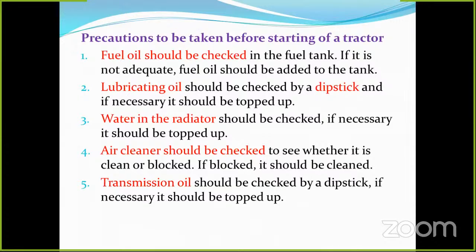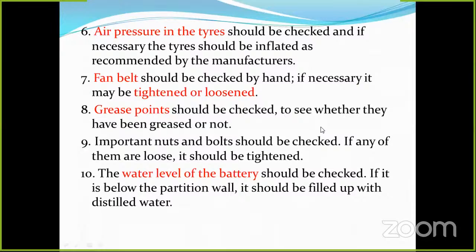Okay, next, transmission oil should be up to a certain limit, we should check. Next, air pressure in the tires. Okay, next, the fan belt. The fan belt is at the back side of the radiator, and it is utilized to cool the engine, and also to operate the radiator.